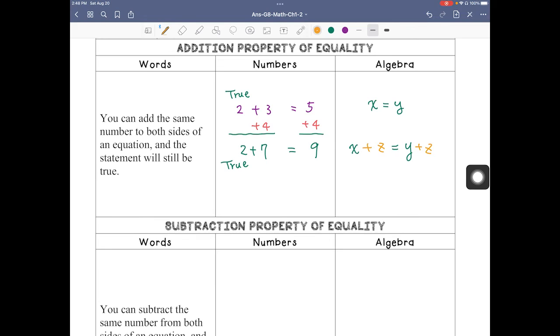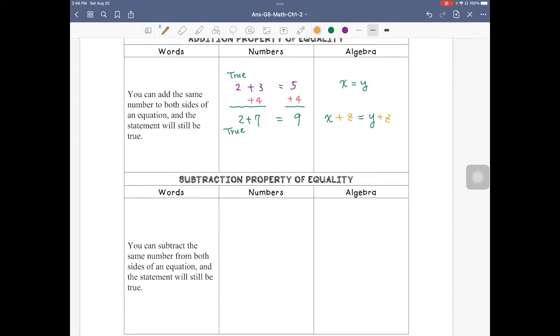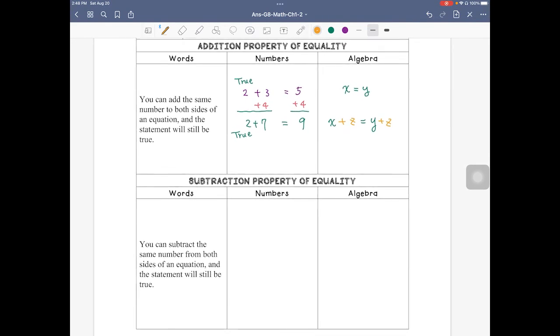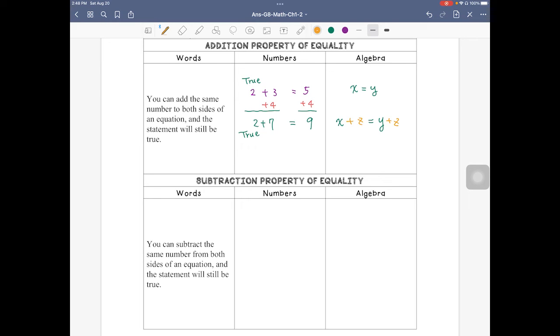That's the addition property of equality.